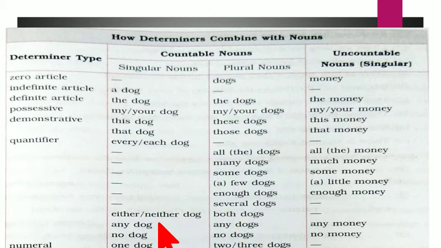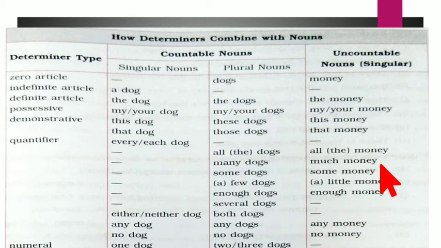So any dog, any dogs. No dog, no dogs. One dog, two or three dogs. So this is how we write whenever it is in the form of countable nouns, that is whenever it is in the form of singular or plural.